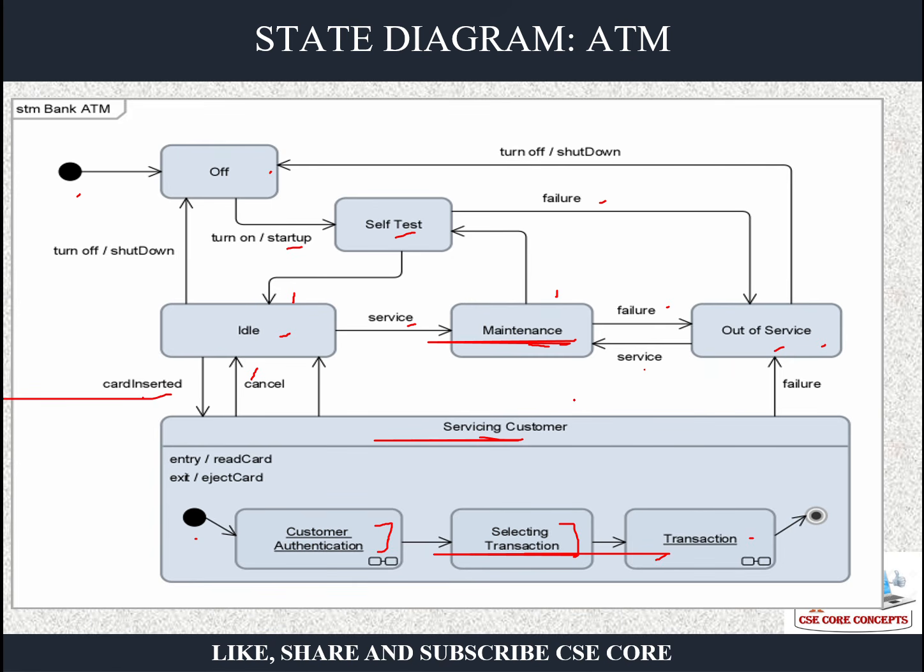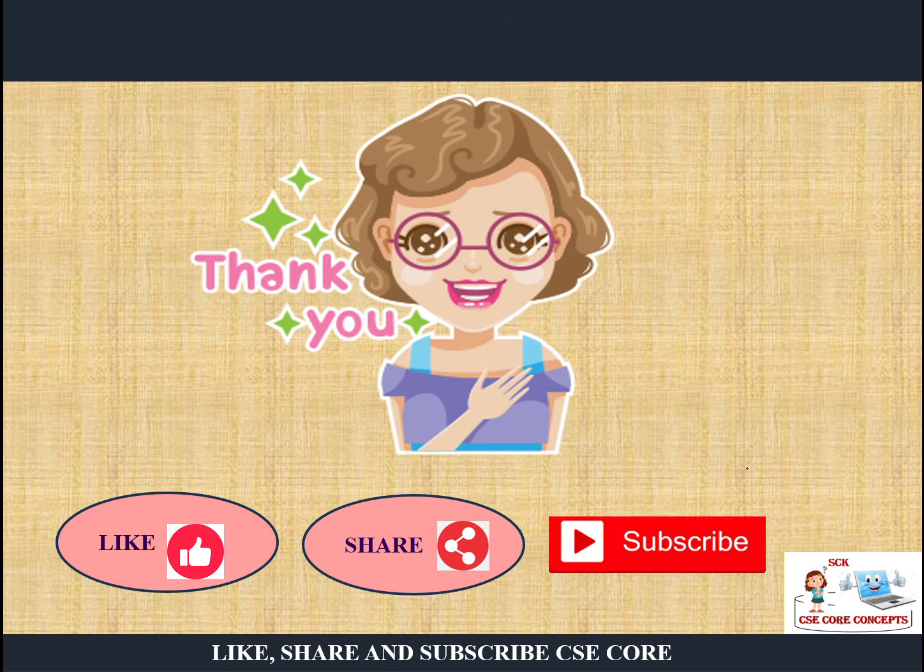And while servicing the customer, if some failure occurs, it will go to the out of service state. When you press turn off or shut down, it will go to the turn off state. Understood? So this is how the different states of your system change, and these are the events which trigger the changes. I hope you understood how to draw a state diagram.